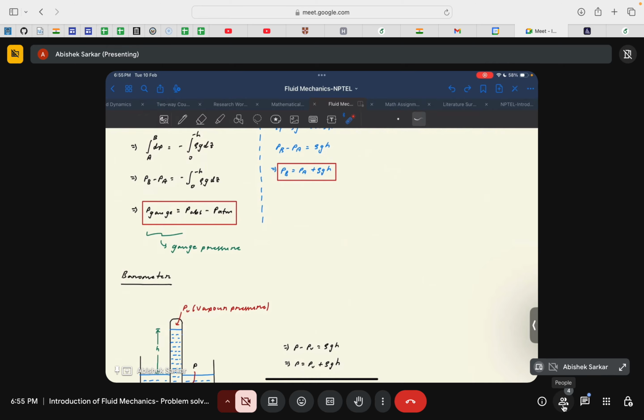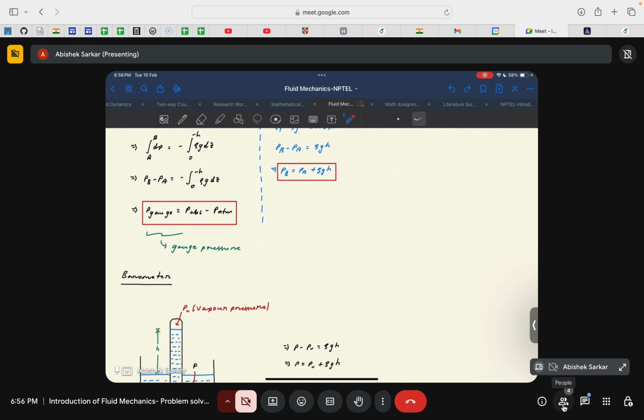But a simple relation between gauge pressure, atmospheric pressure and absolute pressure is that P gauge is equal to P absolute minus P atm. For most fluid mechanics problems, I also took a course of thermodynamics last semester, if any of you attended, you might know that. In those scenarios, when we discuss pressure, usually if it is not mentioned, we consider the pressure to be absolute pressure, for most of the calculations, like the ideal gas law. But for fluid mechanics, the scenario is a bit different.